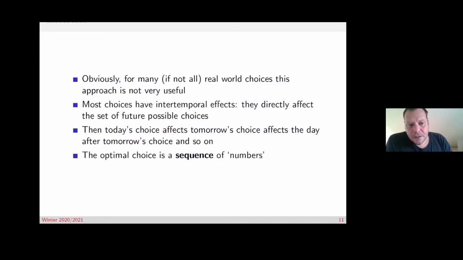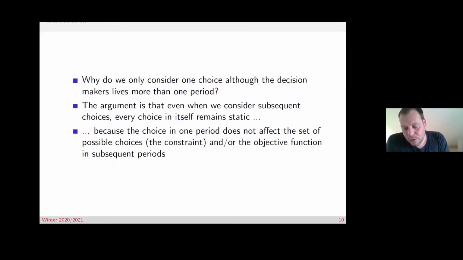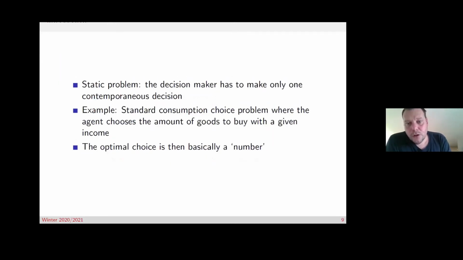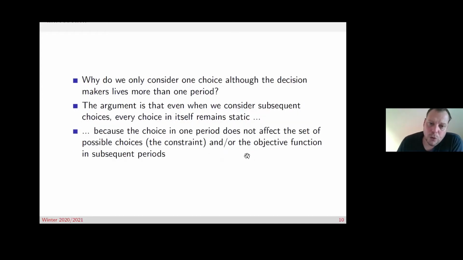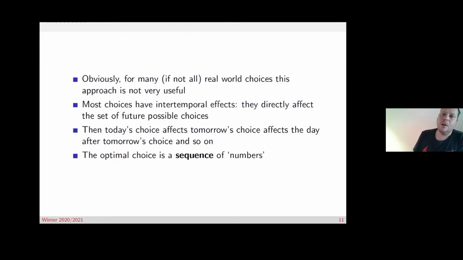But the thing is, compared to the static choice, you are not after a number, but what you are after is a sequence of numbers. So what you optimally would like to have is an optimal plan that guides you through time, right? This is basically the best thing that you want to have.